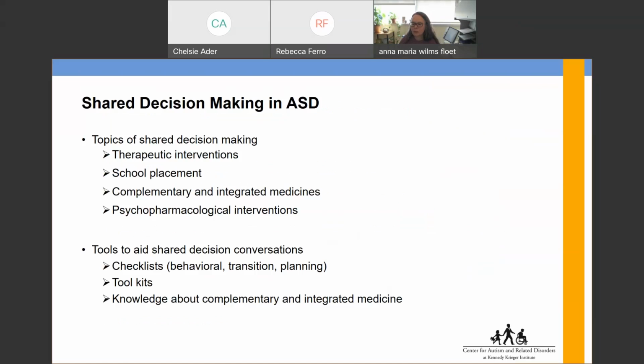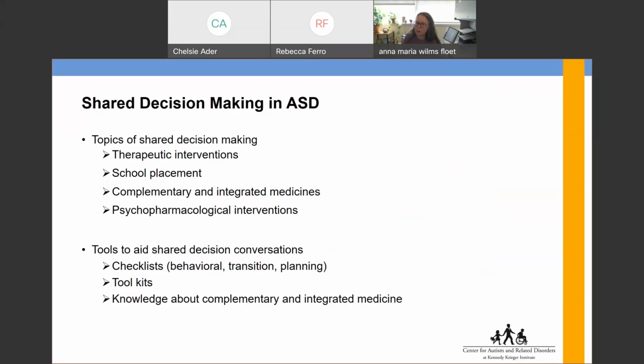I'm not going to delve a whole lot into it, but I have learned over time the importance of shared decision making. In some ways, like the slide I showed earlier, what is your priority? Let's think about what it is that you would like for us to help address and chunk it in doable size buckets, but really giving families room to share where they are and how we can think about it.